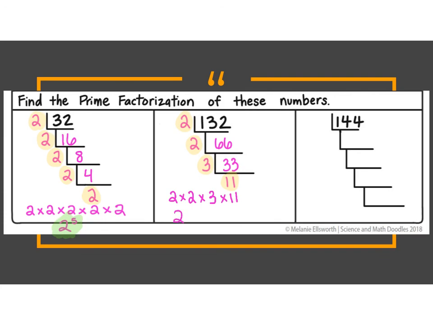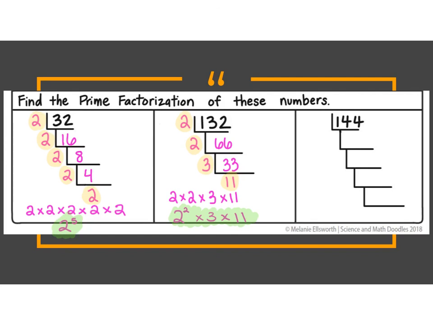It's multiplied out 2 times, so 2 is my exponent. And then I have 1 3 and 1 11. So the prime factorization of 132 is 2 to the second power times 3 times 11.